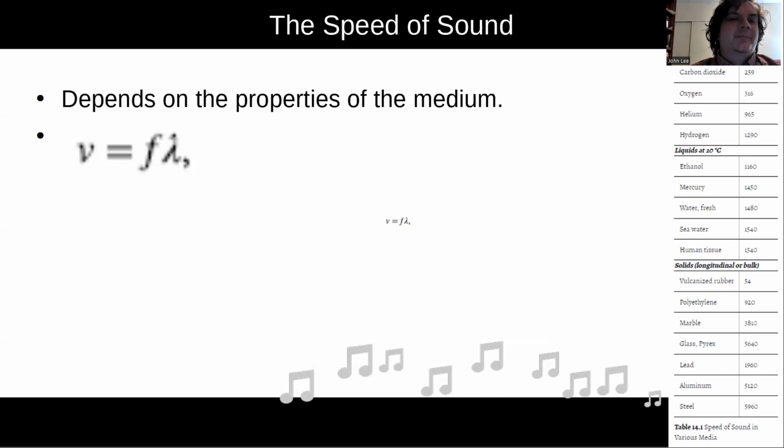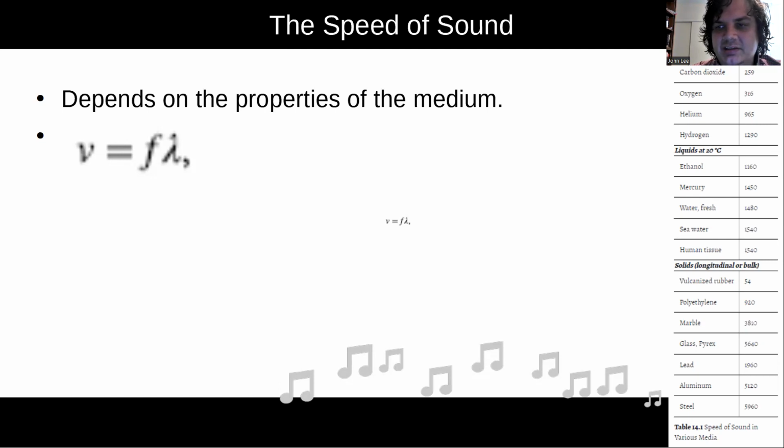At gases at 0 degrees Celsius, you have a velocity of 331 meters per second through air, 316 through oxygen, 259 for carbon dioxide, 965 for helium, and 1290 meters per second for hydrogen. So that's a significantly higher speed of sound for hydrogen and helium than it is for regular air.